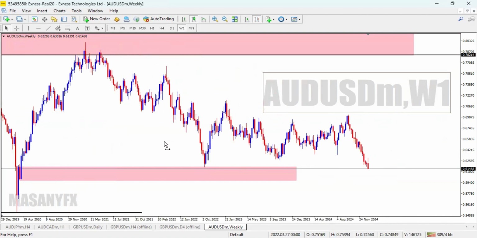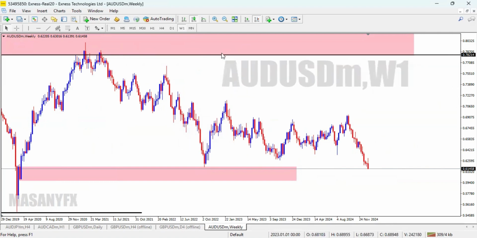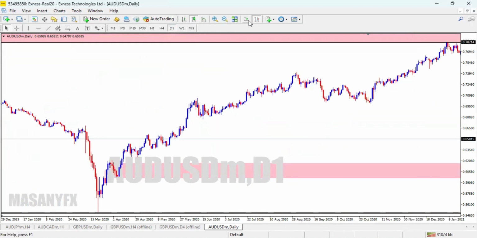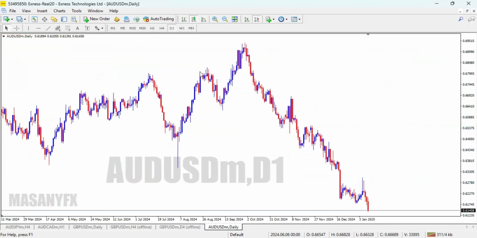Since we are looking for selling opportunities in a weekly time frame, let me just go to a daily time frame. I know it is selling, right? So in a daily time frame, I came across this.